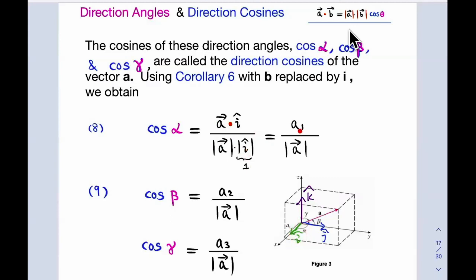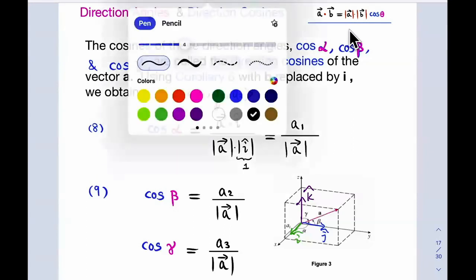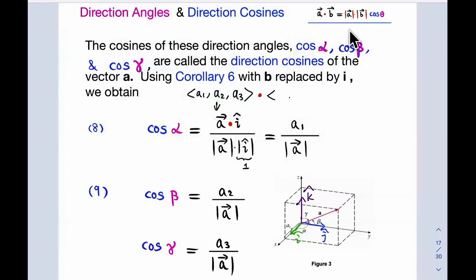So now, what is A dot i? How do I take this dot product? This A over here is A1, A2, A3, and we're going to dot it with the i vector. Can you tell me the 3 components for this i vector? 1, 0, 0.